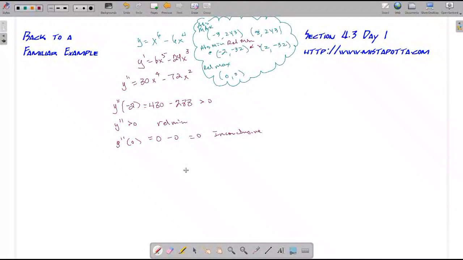So this is one of those where I have to fall back to the nature of the first derivative. Am I increasing, then decreasing?